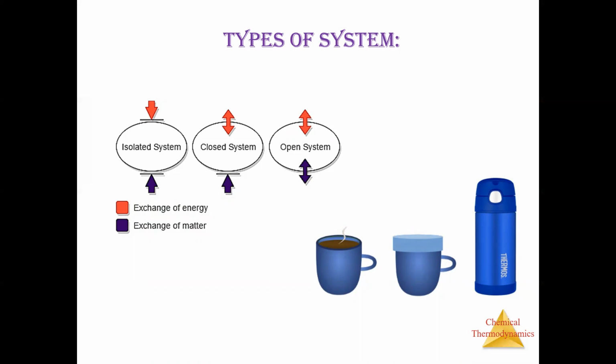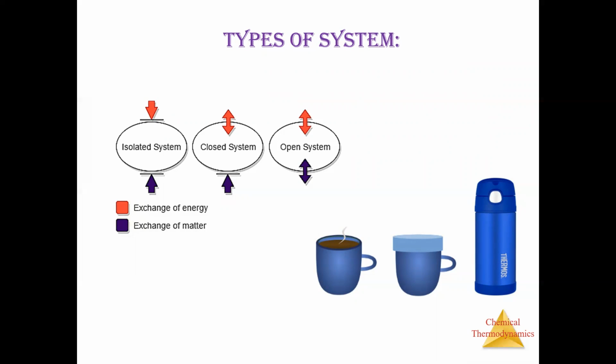While the first one is an open system, as exchange of energy and matter both take place, in a closed system only exchange of energy takes place, not exchange of matter.